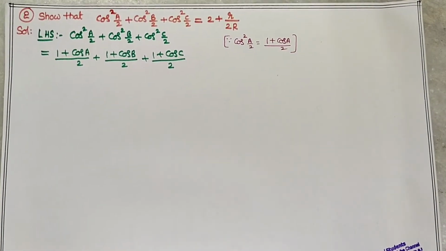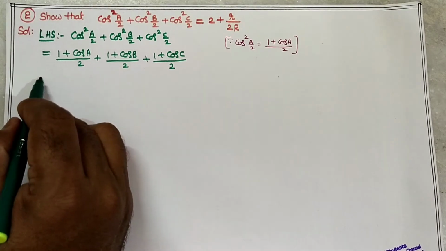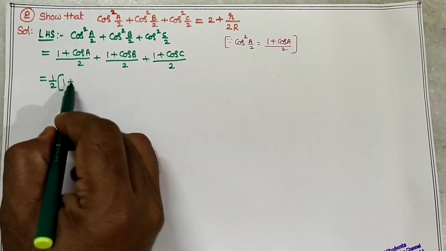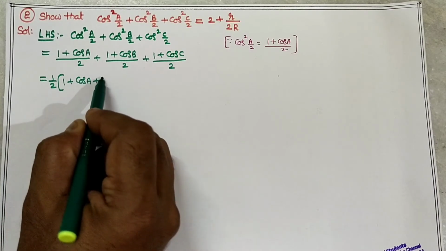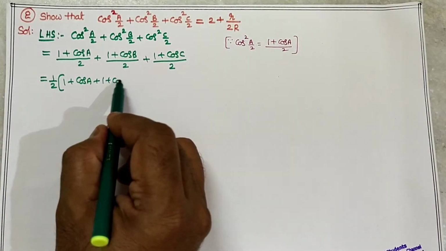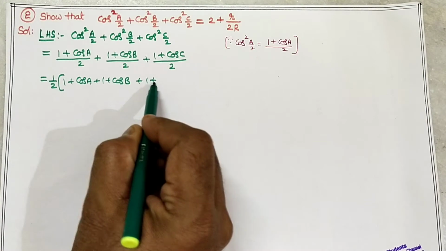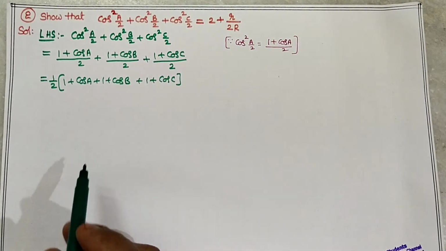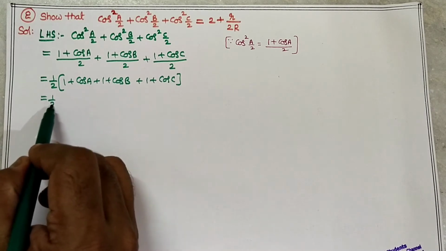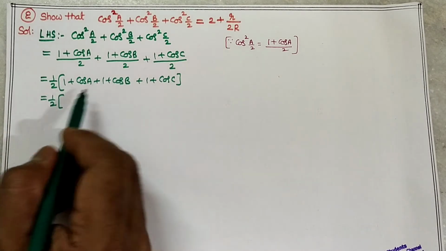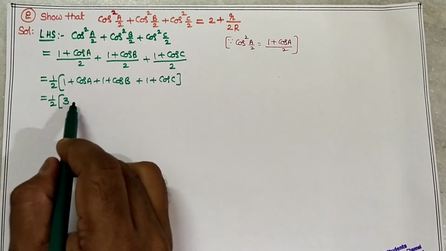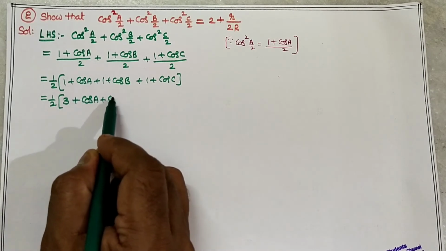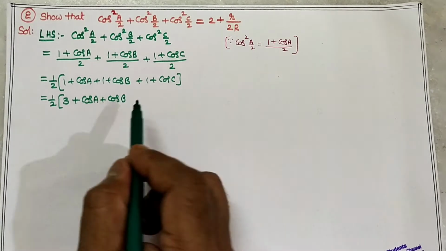After that, take 1 by 2 common from all the things: 1 plus cos A plus 1 plus cos B plus 1 plus cos C. So which is equal to 1 by 2 into (1 plus 1 plus 1 is 3) plus cos A plus cos B plus cos C.